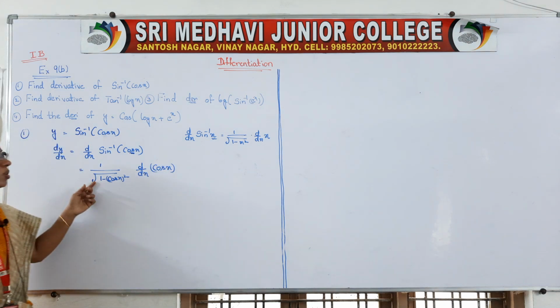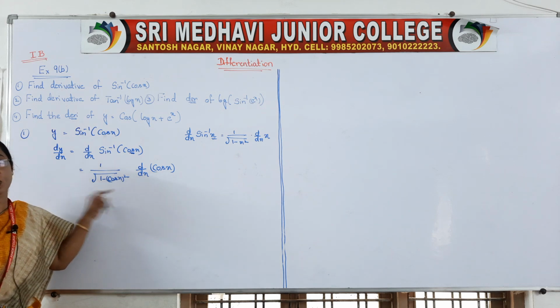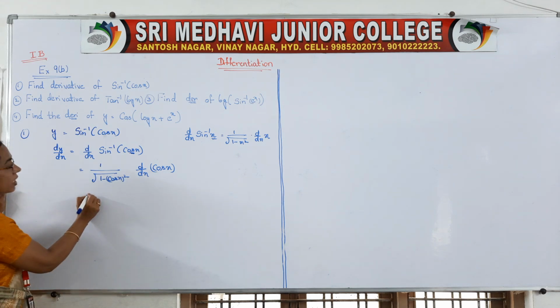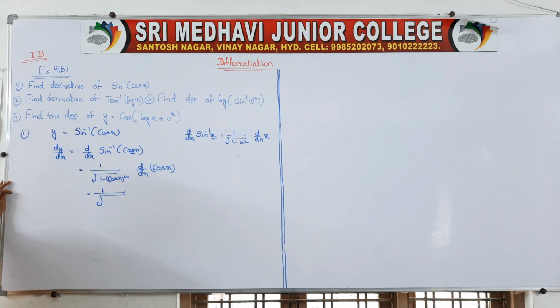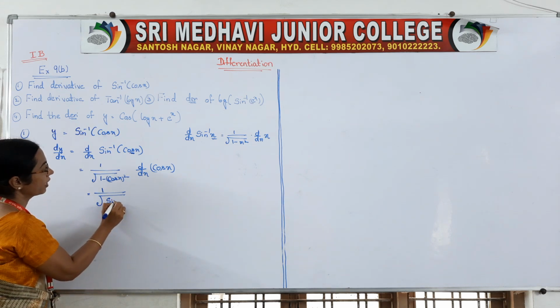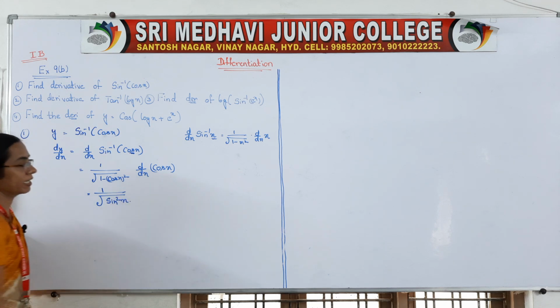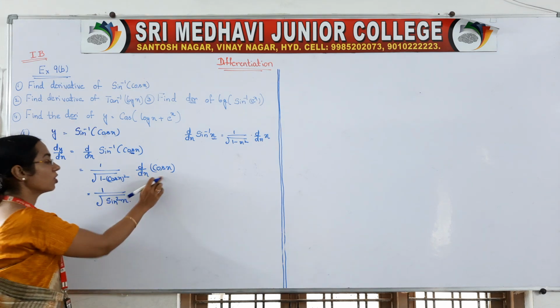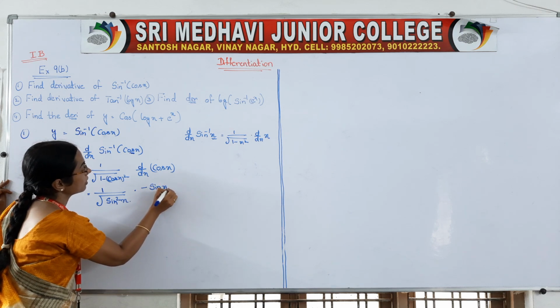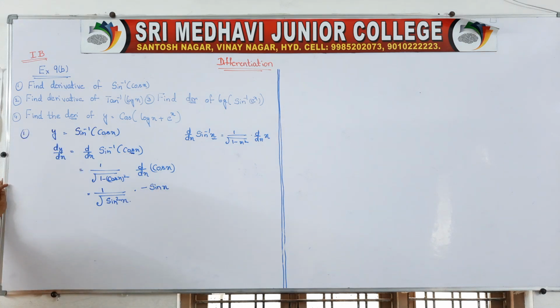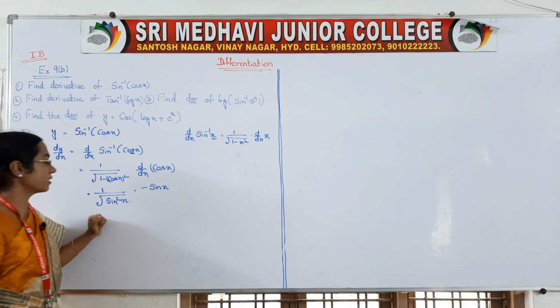Here 1 minus cos square x is sin square x, you know that formula. So we write sin square x. And d by dx of cos x is minus sin x. You know it very well, it is minus sin x.